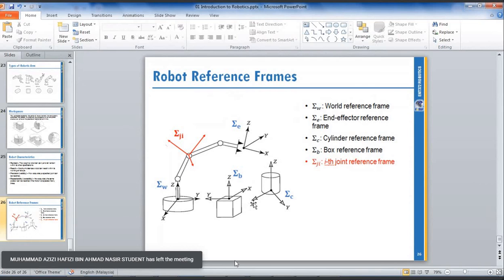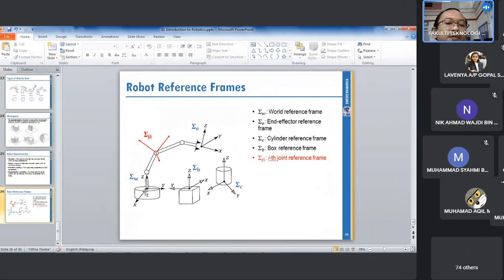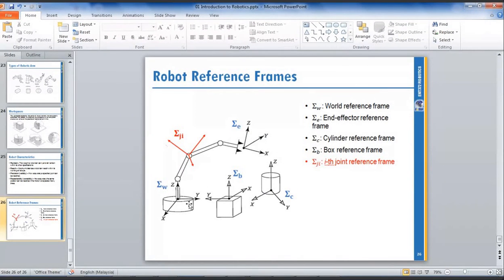Based on your camera, you get the information that your part's X direction is this way, Y direction this way. It's slightly different from your world reference frame. So you can calculate that X is maybe 30 degrees, the orientation is slightly shifted 30 degrees or minus 30 degrees.